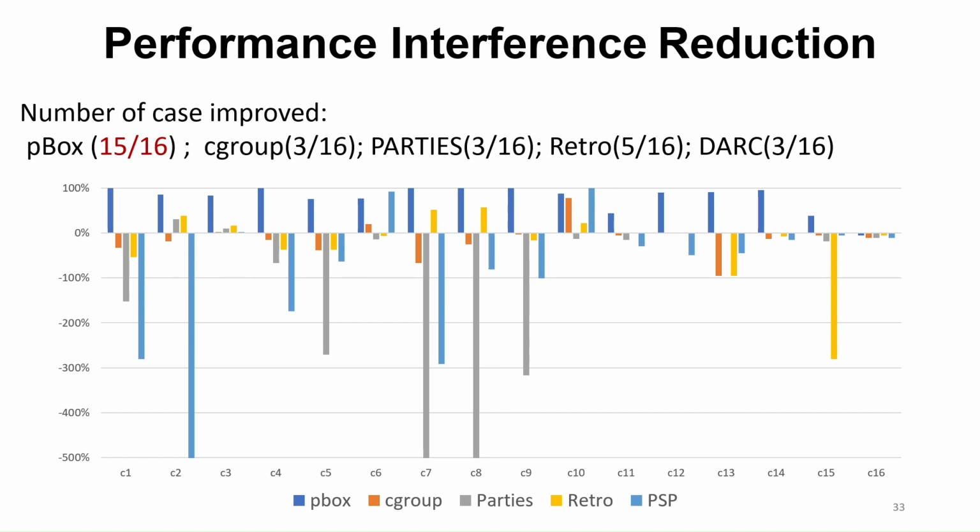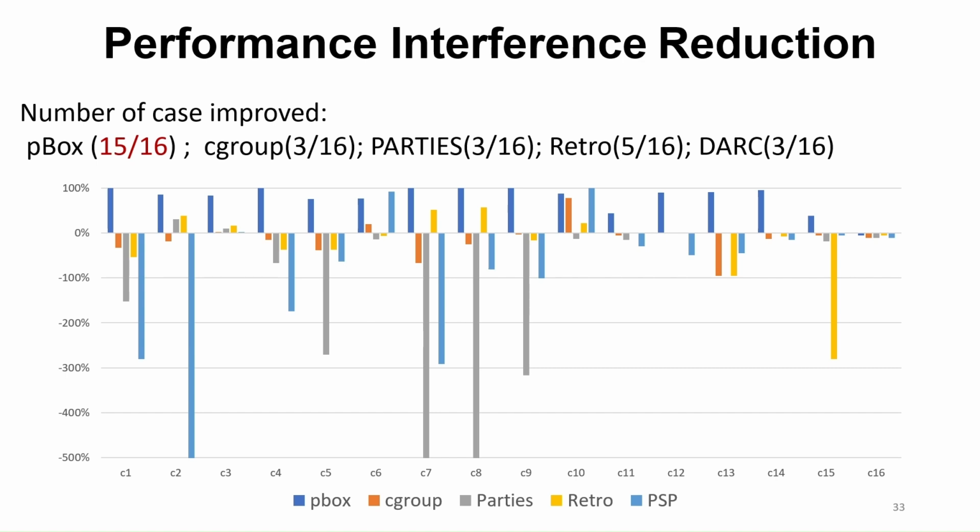We also conduct a comparative analysis of pBox with state-of-the-art solutions. These works are designed to achieve performance isolation across applications. The results show that inter-application isolation mechanisms often result in performance degradation in most intra-application performance interference cases, while pBox can improve the performance for most cases.